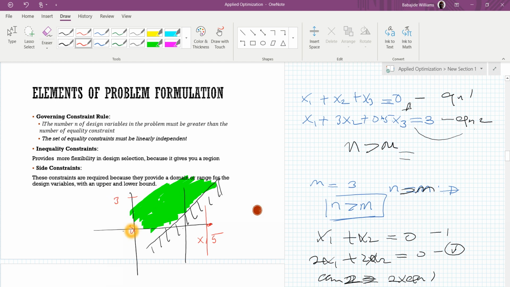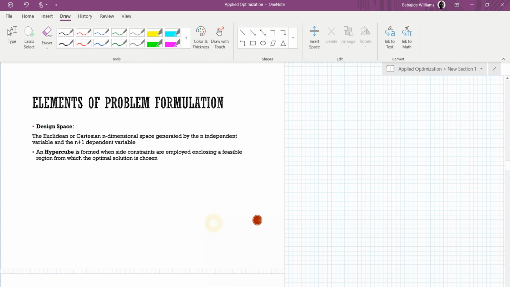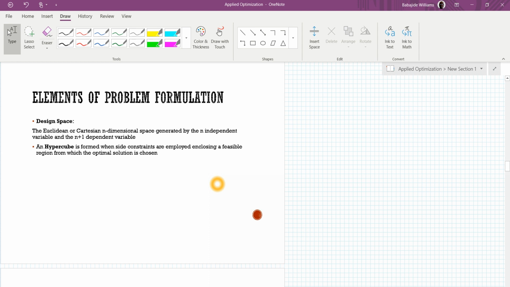So 0 to 3 on y and 0 to 5 on x is the domain within which your feasible region will be contained. If this is 3 dimensions, maybe you have another axis coming out of the screen, then you have a hypercube or a polyhedron describing the feasible region, and we'll look at that as we go on.